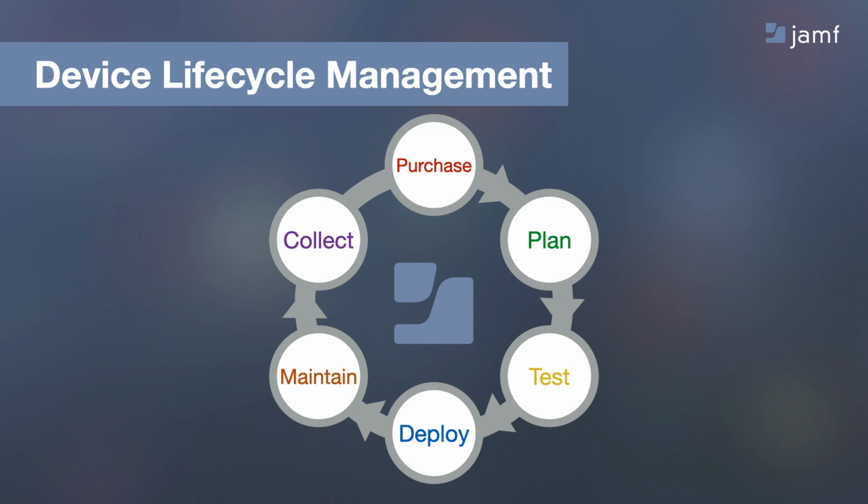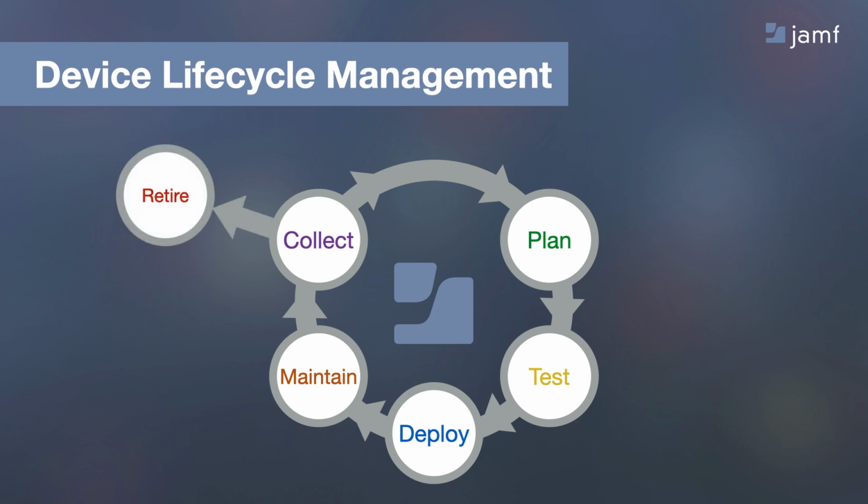Now, as we approach the end of the year, you typically collect devices, at least for those students that are moving on. Let's take the purchase component out for now. And here's the cycle for the foreseeable future. But eventually, you're going to be looking to retire some of those devices that you've collected, hopefully for new Apple hardware.